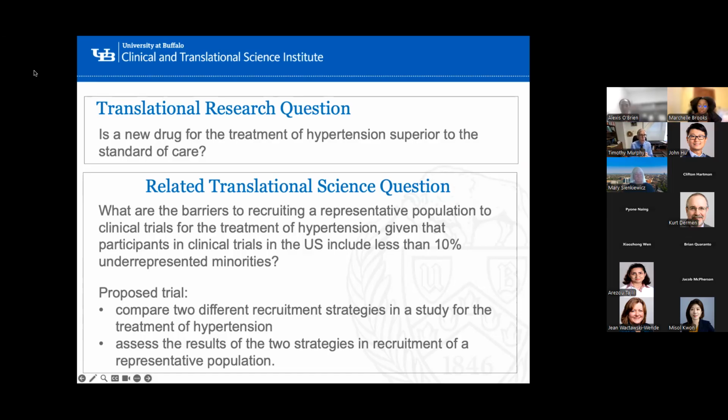So not only can you do your trial for the research that you have a passion for, you can actually come up with a generalizable conclusion. That's a big word for translational science. If you can discover something that other people can use in other disorders, that's another characteristic of a translational science question and what translational science is.